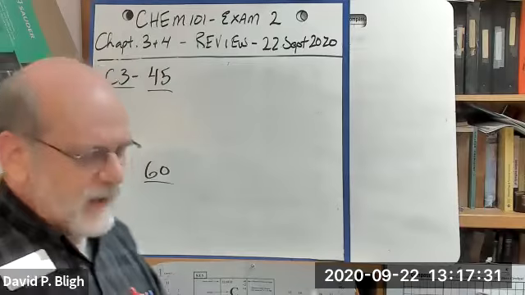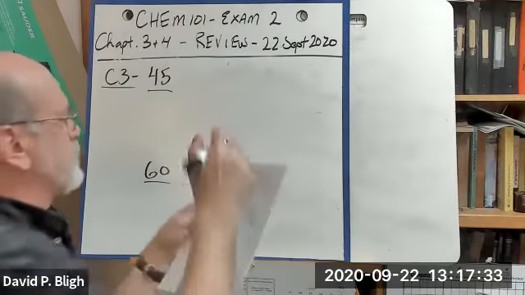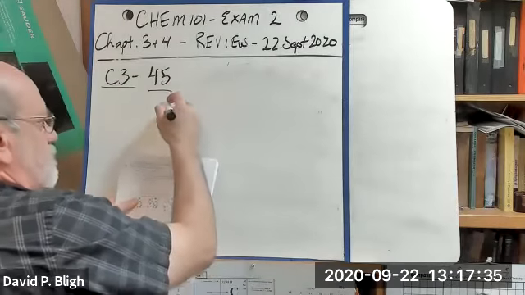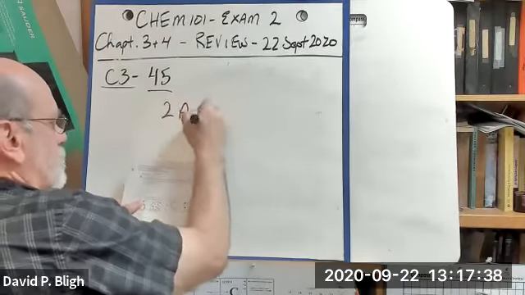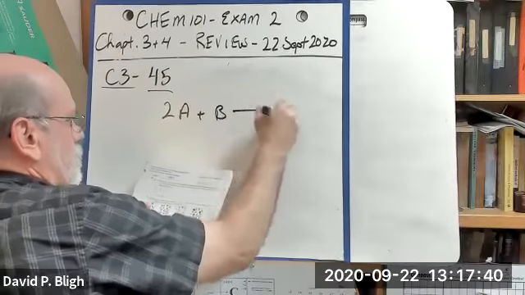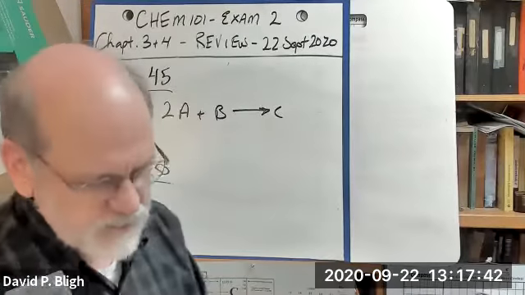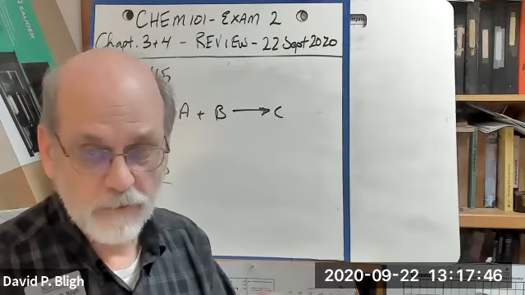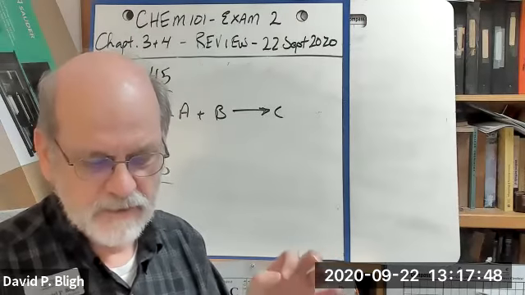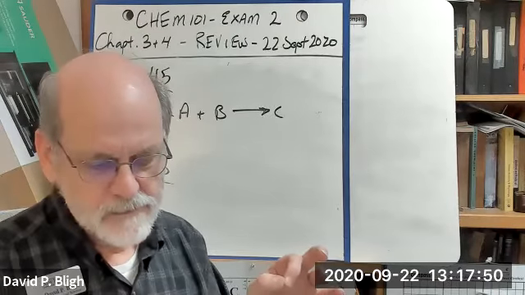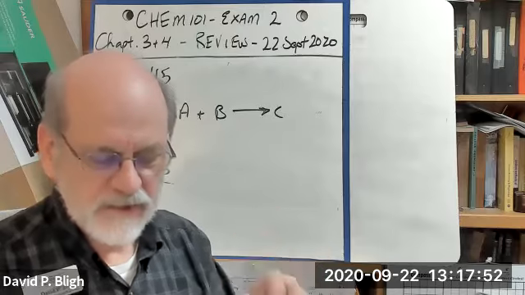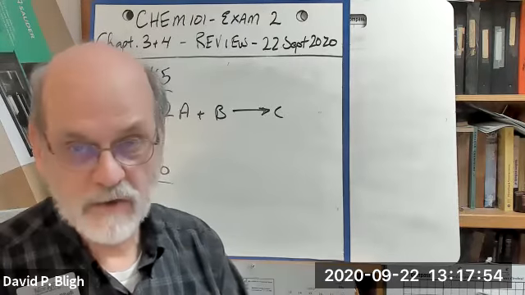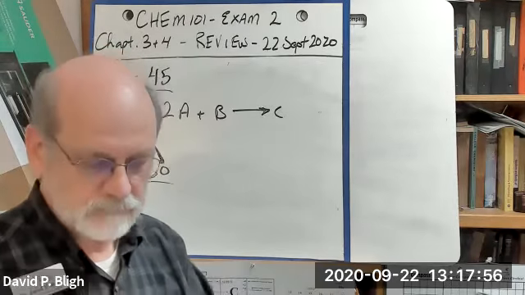Okay, for 45, if we have a chemical equation with this hypothetical, the question is, which one of these figures, a Roman numeral 1, 2, 3, or 4, best approximates the stoichiometric ratio of A and B?